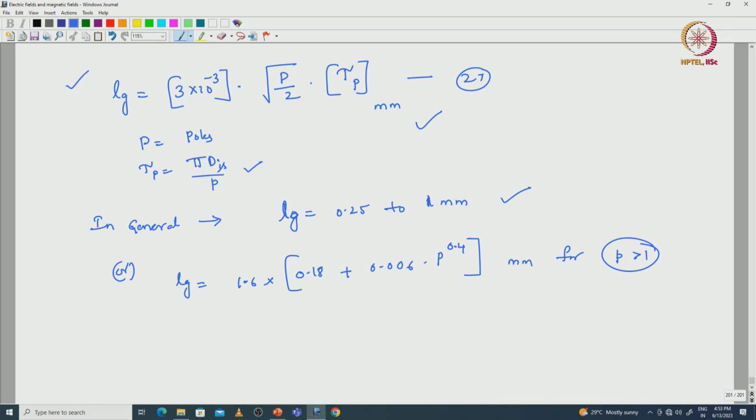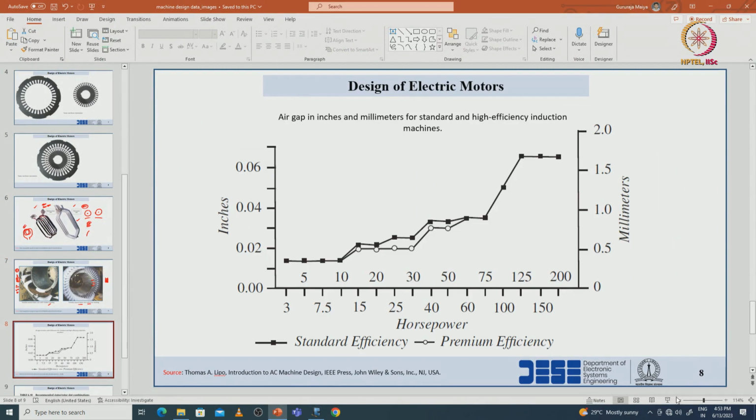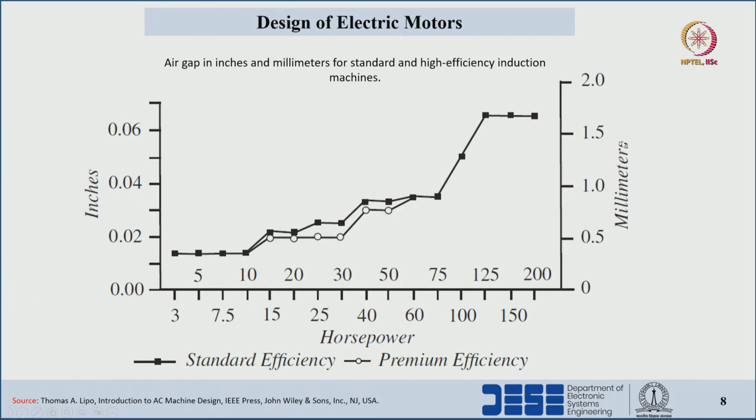This Lg equation is defined. Alternatively, based on a graphical approach from the studies, we can see the air gap variation for different power ratings. For 3 HP and 5 HP up to 200 HP machines, the air gap length is given in mm and also in inches.